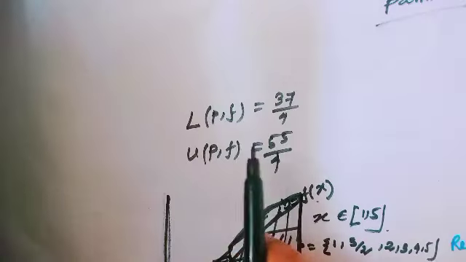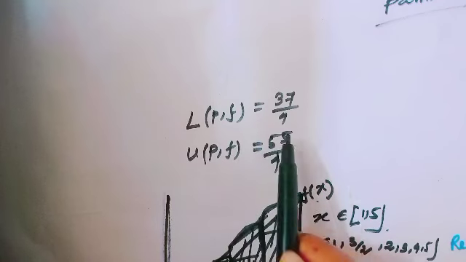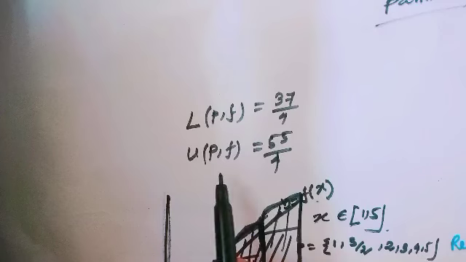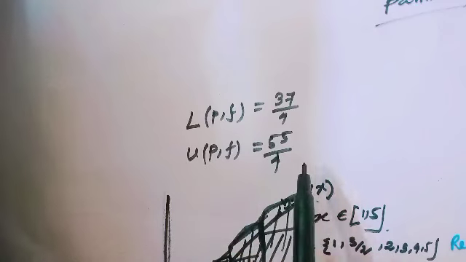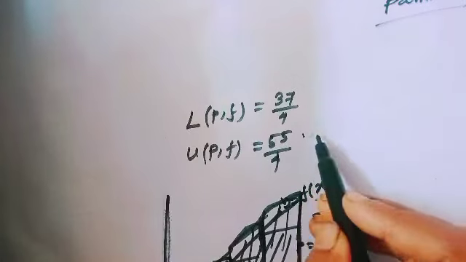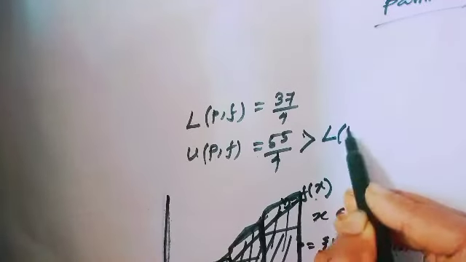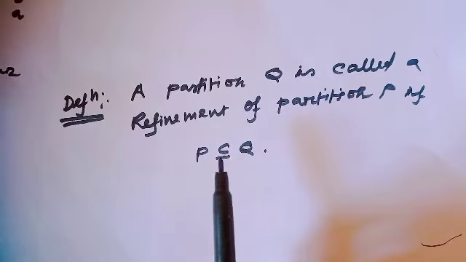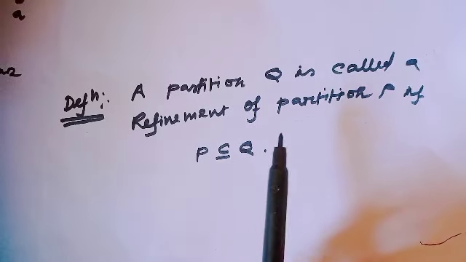And notice, since I have got LPF equal to 37 over 4 and UPF equal to 55 over 4, then obviously UPF is greater than LPF. Are you getting the idea clearly? Well, now I will tell one new concept.